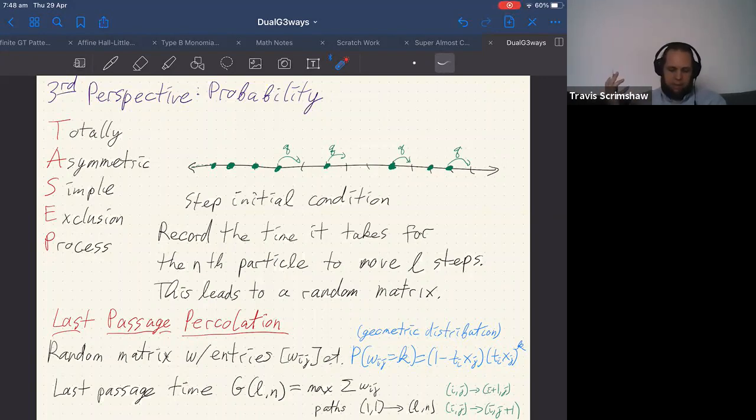But what we're interested in is what's called the last passage time, which is we look at all paths from 1,1 to say the point (L, n), and we sum over all of those random entries, and the paths that we're allowed to take either increase the column index or the row index. So in terms of the usual way we would write matrices, they either move right or down until we get to our finish point.